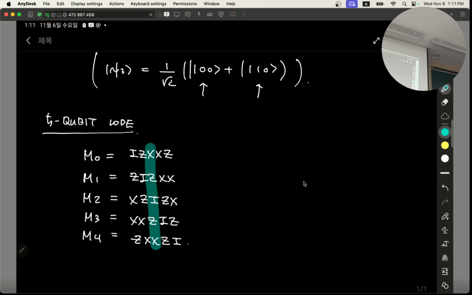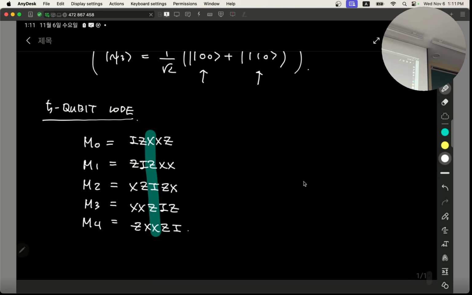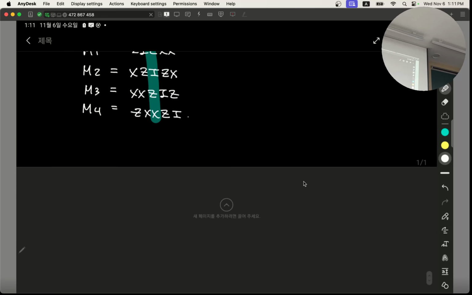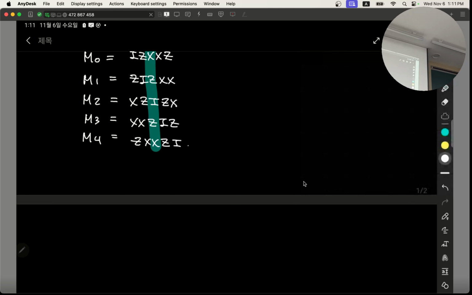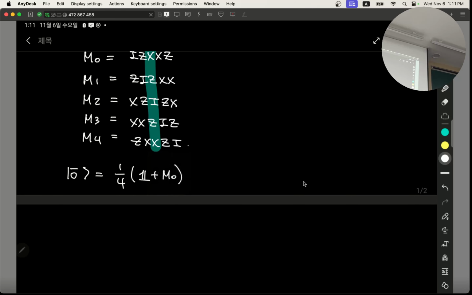So what does it do? What I do is I take the logical 0 to be this. So I say M0 up to M3.